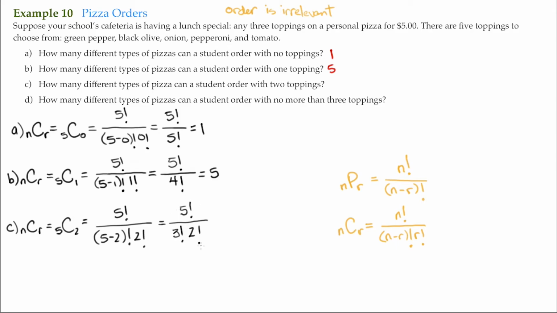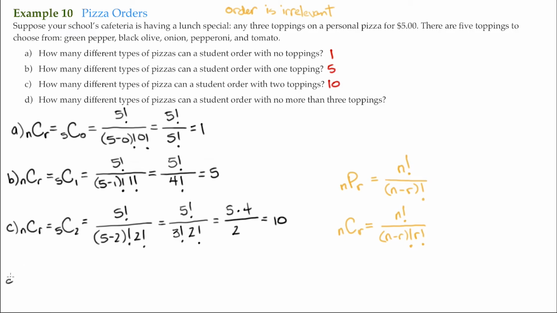And if you look at this, this looks just like those non-distinct examples that we were doing earlier. 3 factorial is going to factor out 3 factorial in our numerator, leaving us with 5 times 4 over 2 factorial. 2 factorial is 2. 5 times 4 is 20, divided by 2. That's 10. And I think we counted off 10 when we were doing it using a little tree diagram. So there's 10.